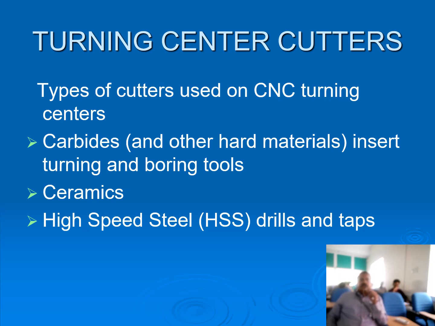So types of cutters used on CNC turning centers: carbides and other hard materials, insert, turning and boring tools. So generally we make use of carbides for the inserts so that it can cut almost all the normal materials like MS, aluminium, brass, etc. Or we go for ceramics also, and for normal things we use HSS also, drills and taps.